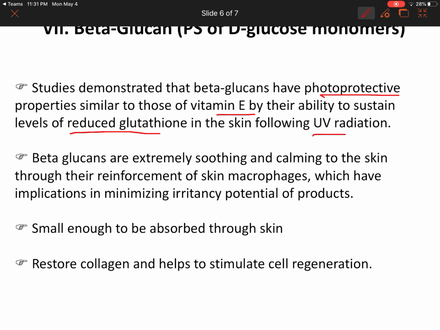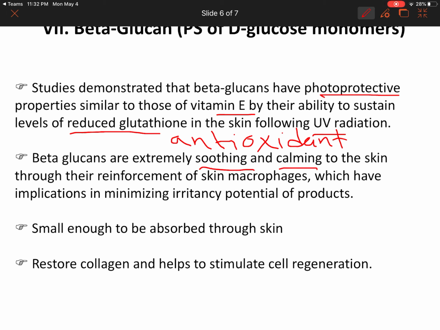So they also have antioxidant property, by sustaining the level of reduced glutathione. Besides being antioxidants, they also stimulate and activate macrophages. Therefore, we can use them in wound healing, and they have antioxidant property.